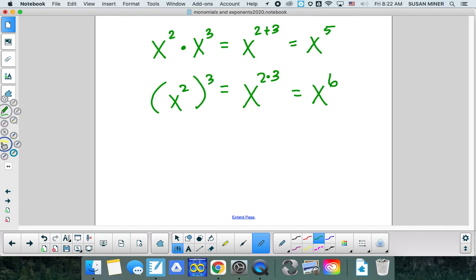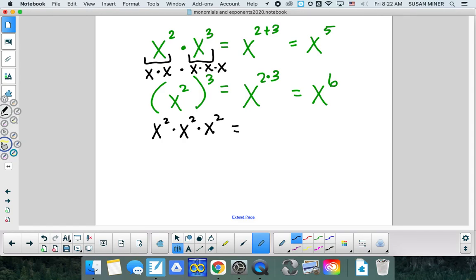One of them I have parentheses, one of them I don't. And if I think about this in terms of expansion, right? This is just saying I have x times x. And this is saying I have times that by 3 more x's. This one down here with the parentheses is saying take x squared and multiply that 3 times.